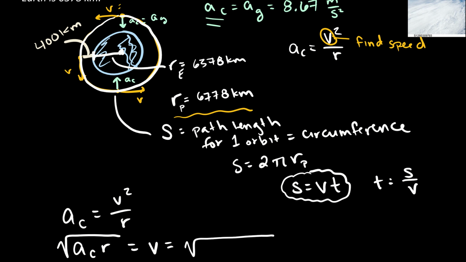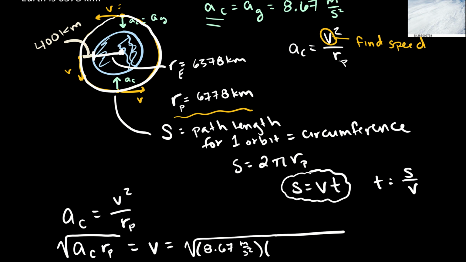Those numbers I know are 8.67 meters per second squared, and I need to be consistent here. I've called the radius RP, so let's add a little p.